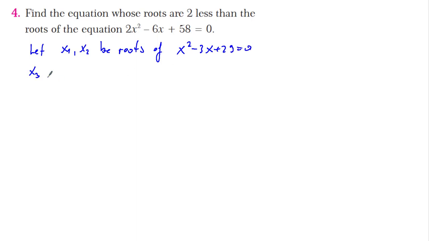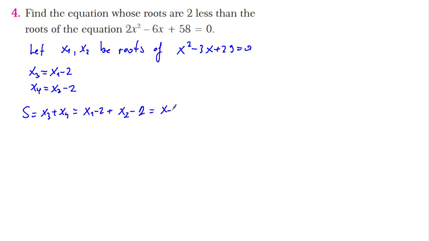The roots that we are looking for, x3, would be x1 minus 2, and x4 would be x2 minus 2, because it says 2 less. Alright, so we have to find the sum, x3 plus x4, and now x3 is x1 minus 2, plus x4 is x2 minus 2.